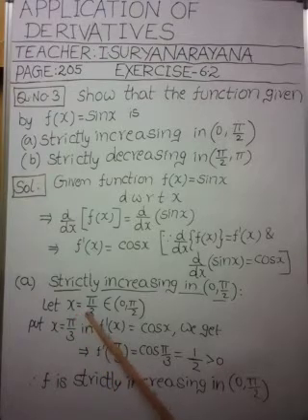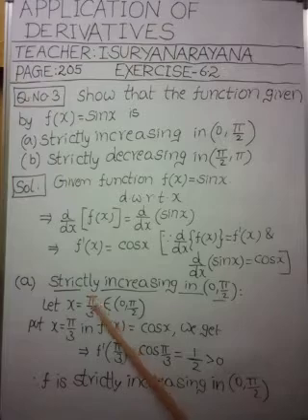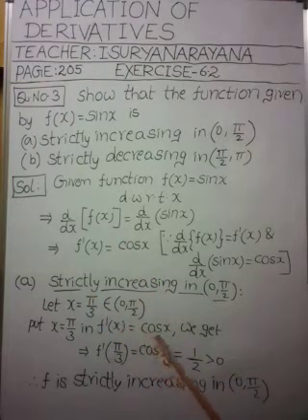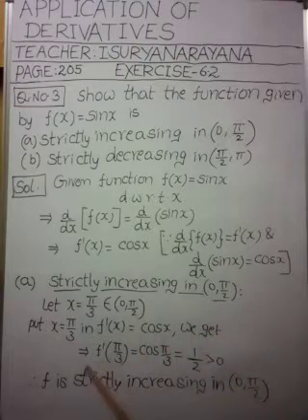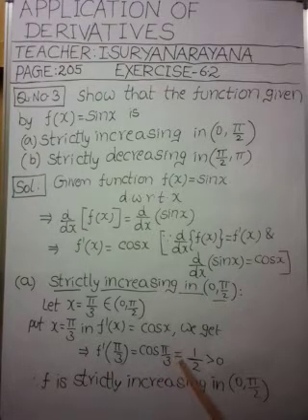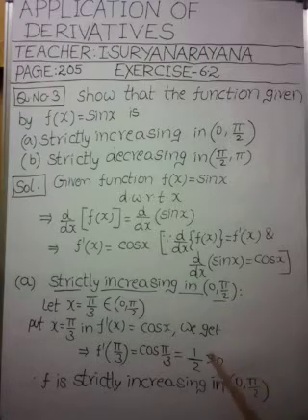Okay, my children. So we have chosen x is equal to pi by 3. We substitute x is equal to pi by 3 in f dash of x is equal to cos x. Then we get f dash of pi by 3 is equal to cos pi by 3. Understood this step, my children? Right. What is the value of cos pi by 3? Yes, 1 by 2.